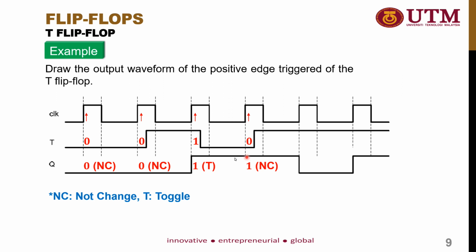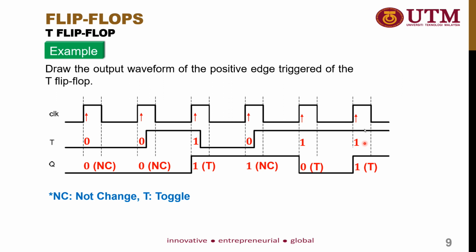Therefore, the output Q will retain its value because there is no change at the output. Then at the next rising edge, the input T is equal to 1. Therefore, the output Q will toggle because the previous value of the output is 1, so it will toggle to 0.